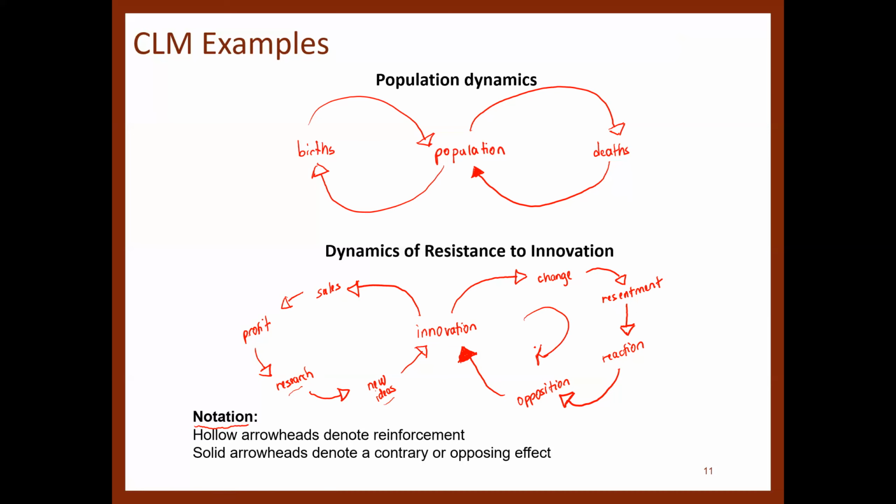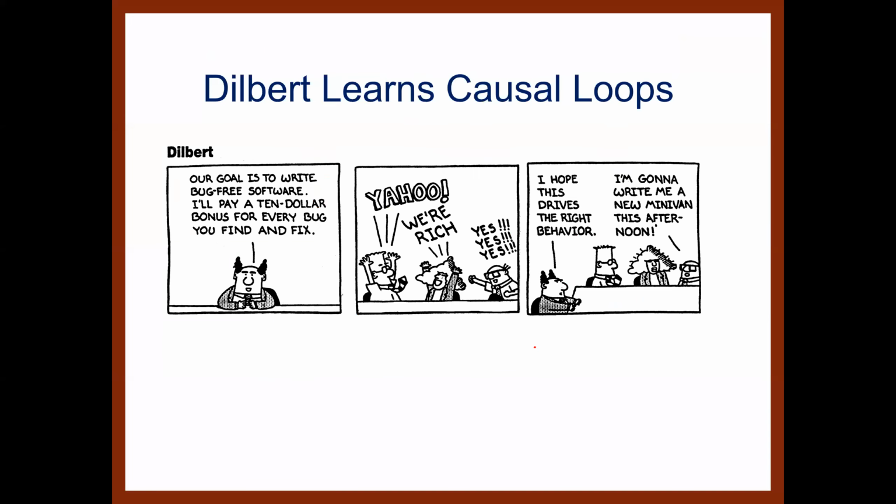Here's a Dilbert comic to illustrate this situation. The boss says that our goal is to write bug-free software, so they want to write software that has no bugs. Then the boss says he will pay a $10 bonus for every bug you find and fix. When you do that, you might wonder whether that's the reaction you expect.